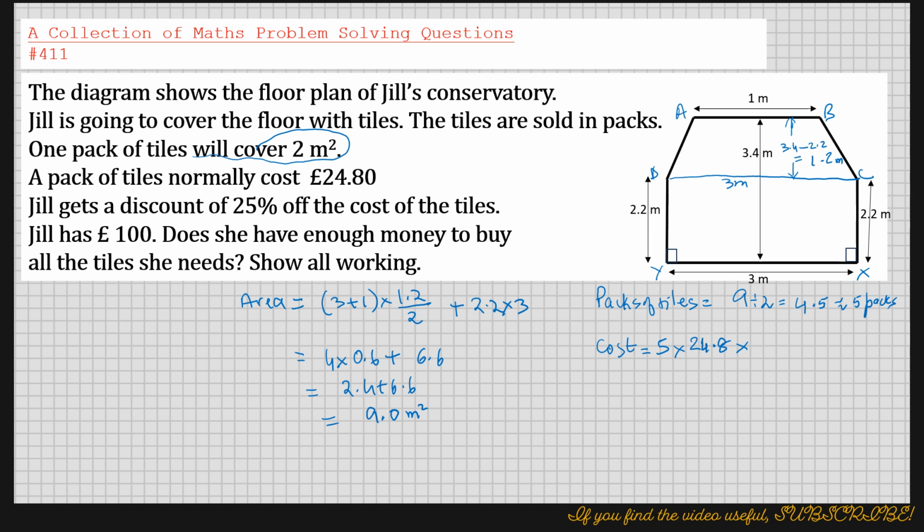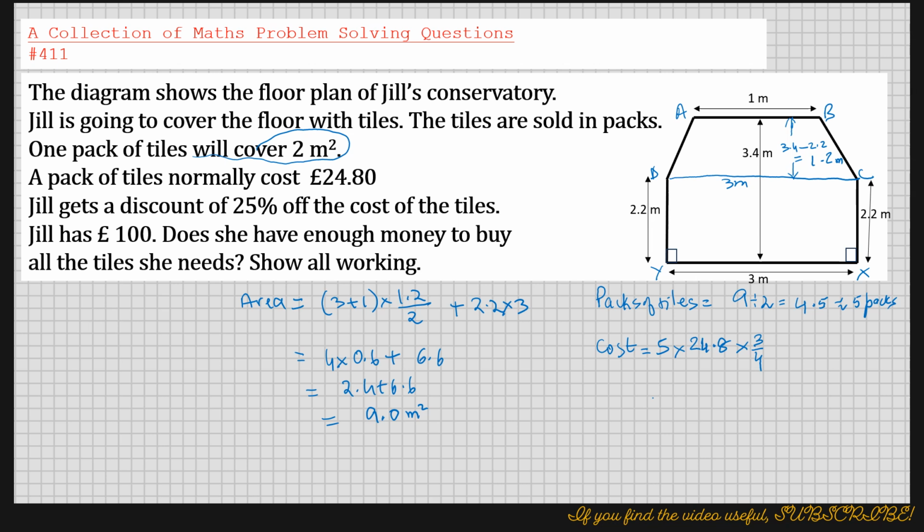So then she'd have to pay 75%, and 75% is also equal to 75 out of 100, which equals 3 out of 4. So we are going to multiply this by 3 out of 4 to get the cost.